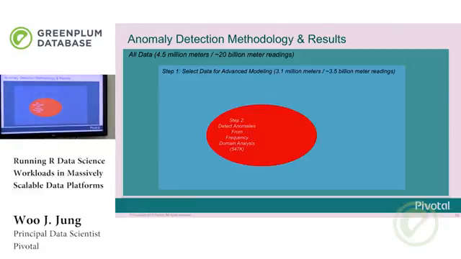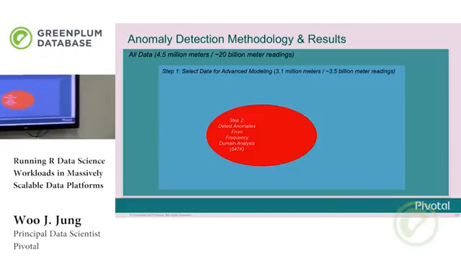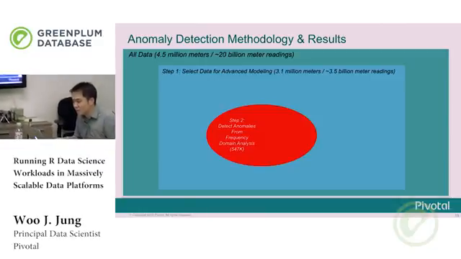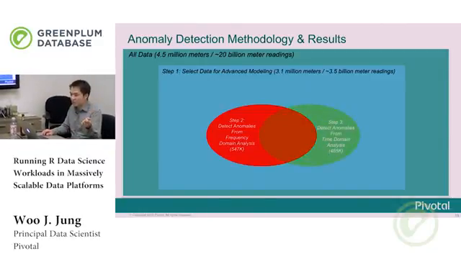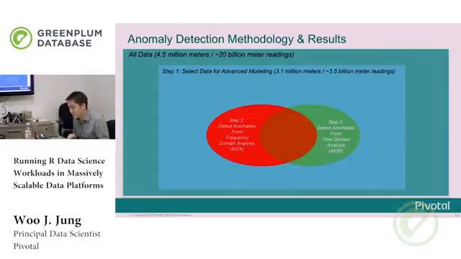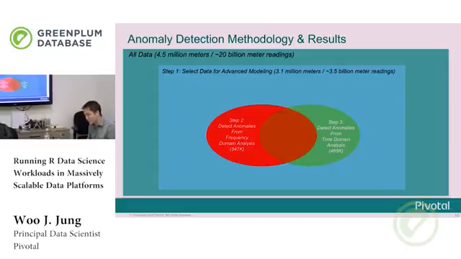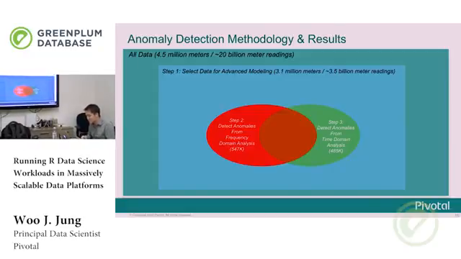We presented this model back to our stakeholders at this company, and they wanted to see a further reduction of the false alarms, the false positives. So we came up with a workflow where, in addition to the FFT analysis, we also ran an ARIMA model that identified a separate set of about 500,000 anomalous meter readings.